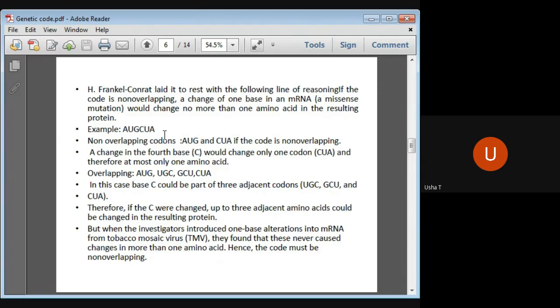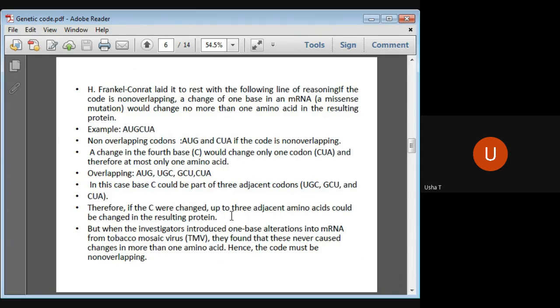But if it is an overlapping one, then what would have been there? AUG, UGC, GCU, CUA. So even one base is part of three adjacent codons: you have that C which is present in UGC, GCU and CUA. So if C were changed, up to three adjacent amino acids could be changed.